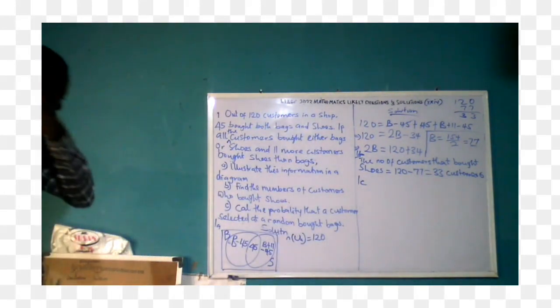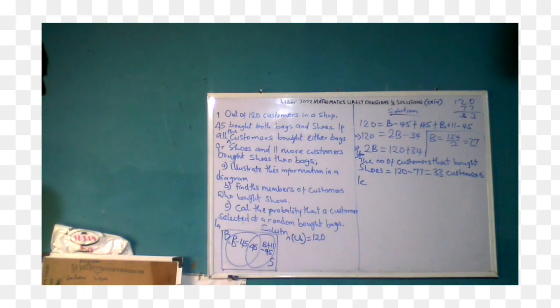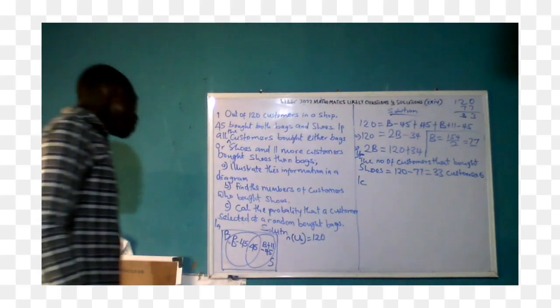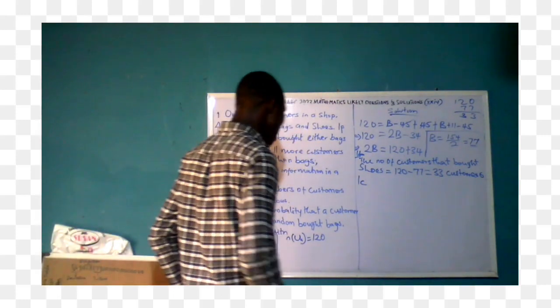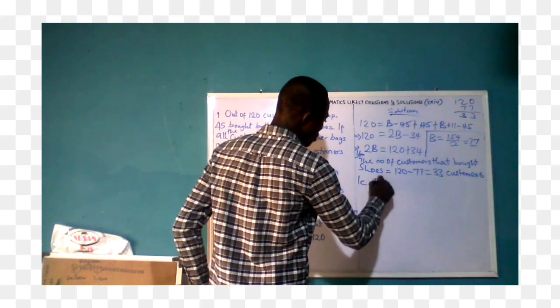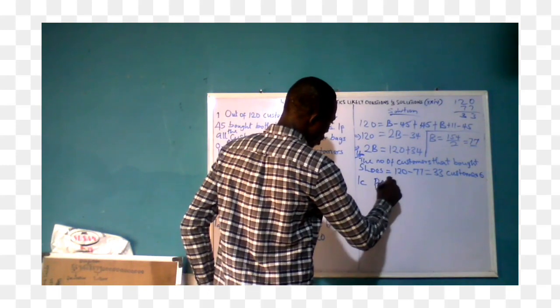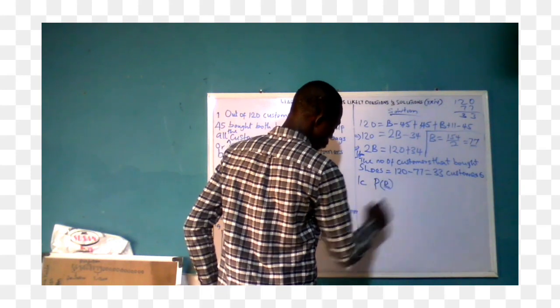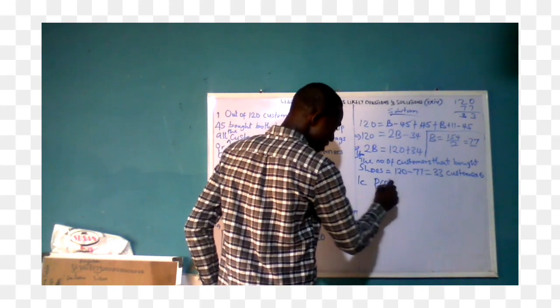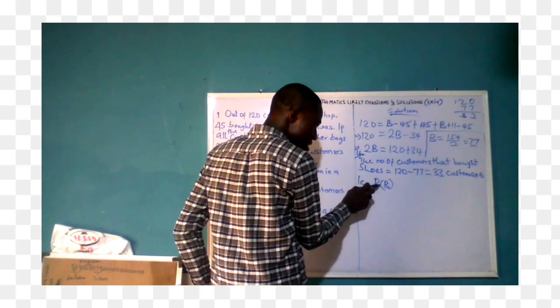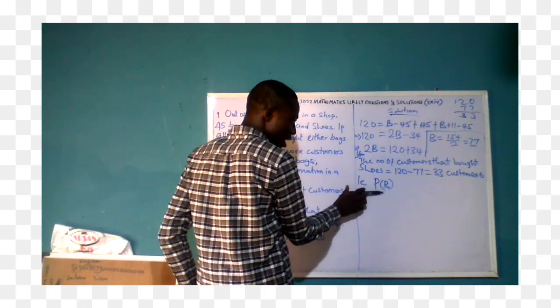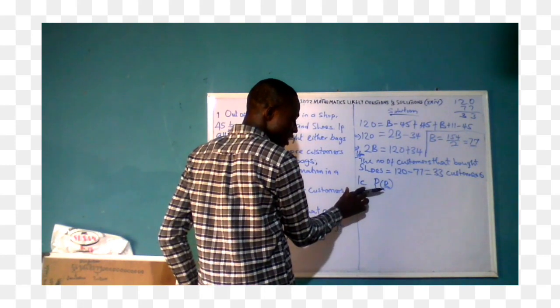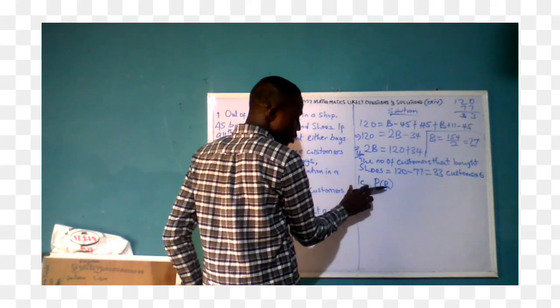We are asked to calculate the probability that a customer selected at random bought bags. The probability that the customer selected at random bought a bag, let's take it as probability of B, by this notation I mean the probability that the customer selected at random bought a bag.